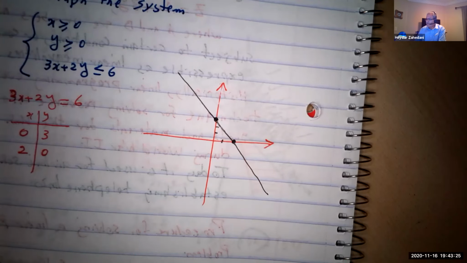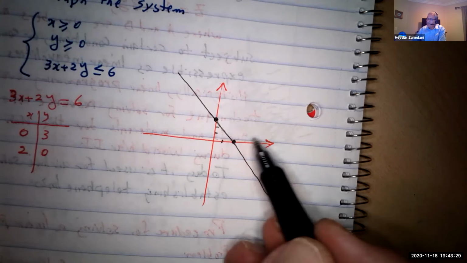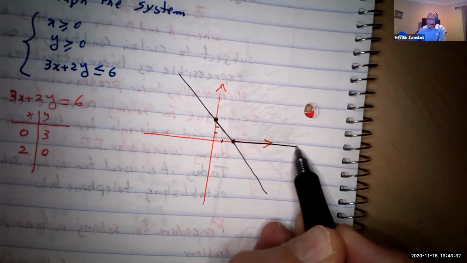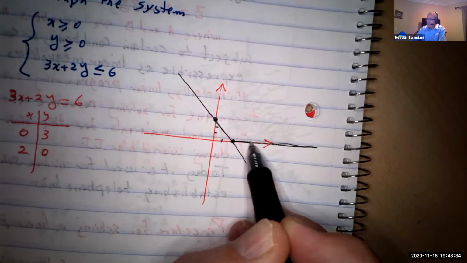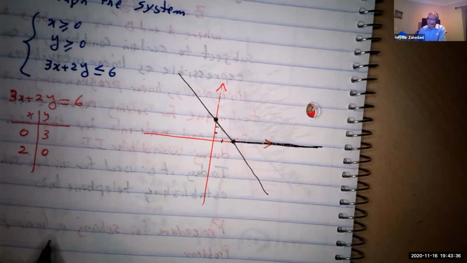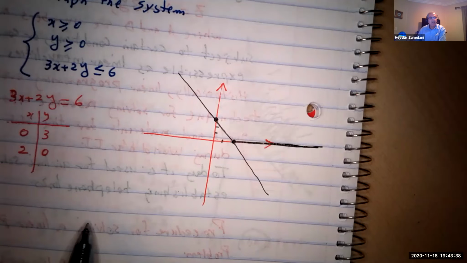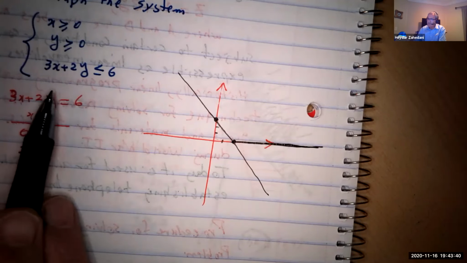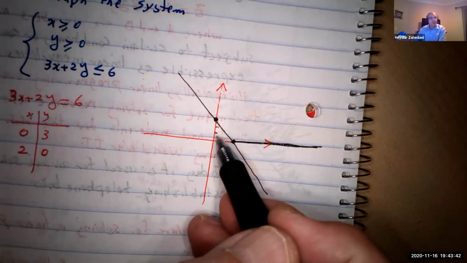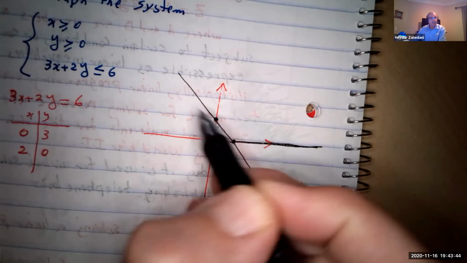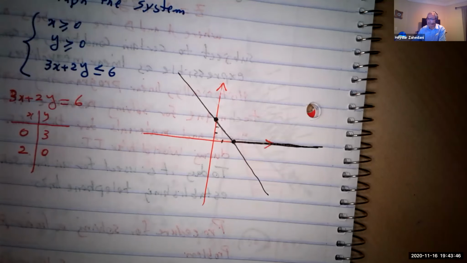You see, then we have x positive. This is x greater than or equal to 0 in this case. And then we have the y positive. Then you see the intersection that we're going to be interested in.